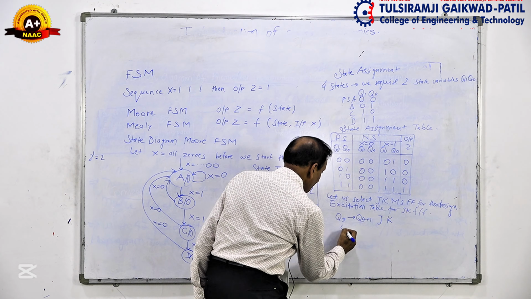For 0 to 0, J is 0, K is don't care. 0 to 1, it is 1 don't care. 1 to 0, it is don't care 1, and 1 to 1, it is don't care 0. Okay. So using this transition, let us have the state transition table. I hope everyone has noted this diagram.